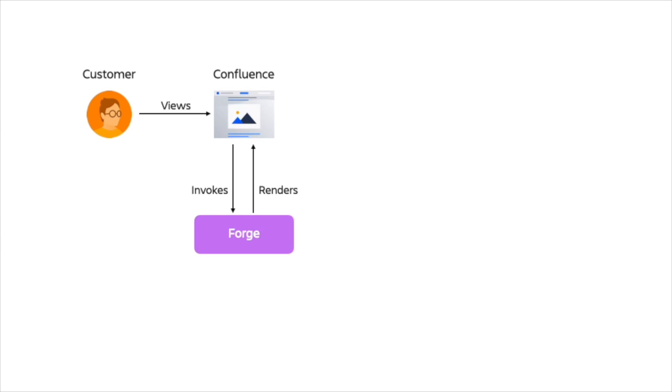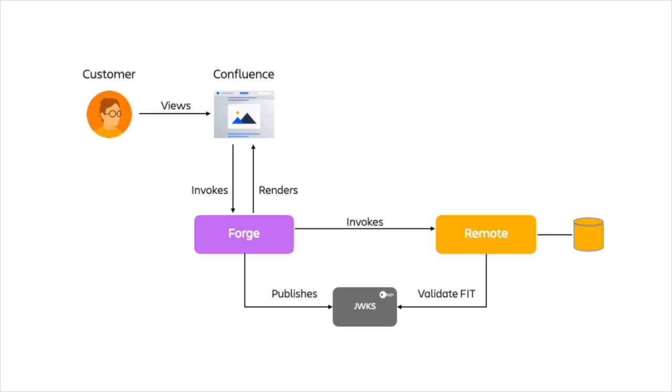Diving in again to the next level down, let's get into that front end to remote flow. Let's say we have a customer. That customer is looking at a Confluence page and it's got a Forge macro on that page. Now the Forge macro can invoke your remote backend. When we send you that request, we're going to put an authorization header on it.